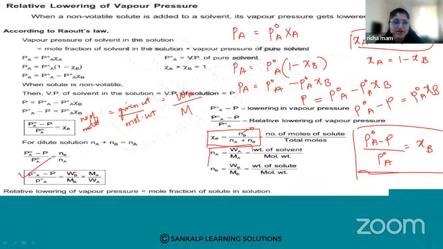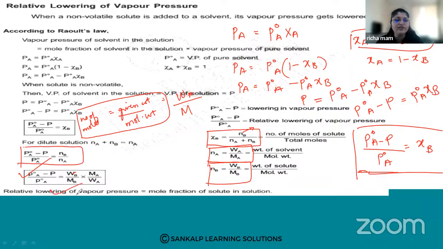Just now I told you, number of moles can be calculated by given weight upon molecular weight. In the same way, Nb, the number of moles of B, is the given weight of B upon the molecular weight of the solute. By putting this into this equation, you will get the final equation.